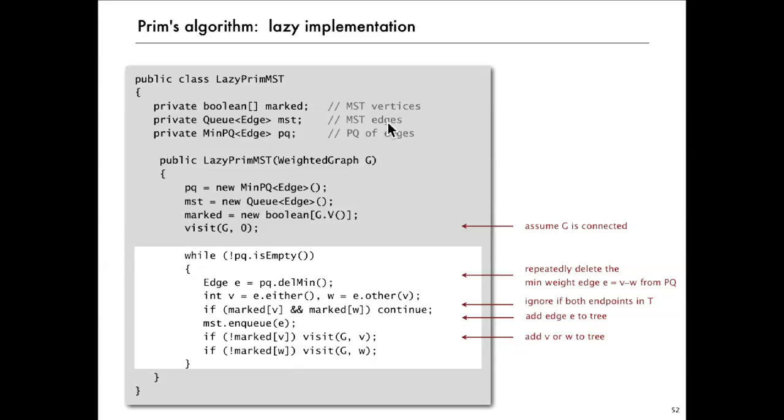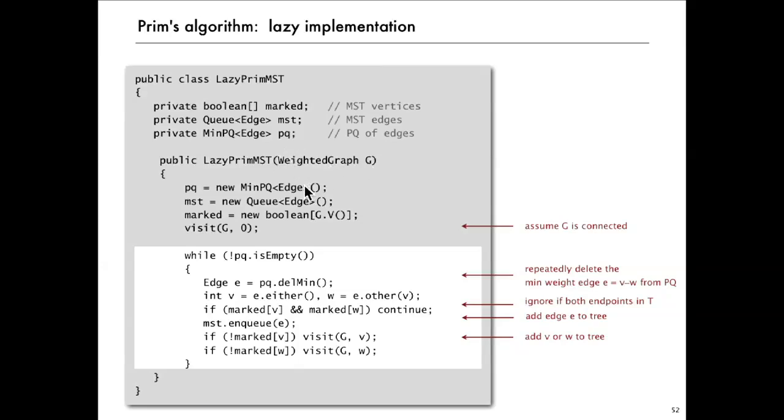Then we have the list of edges on the MST that is going to be returned to the client after the MST is computed, as an iterable. And then we'll have the priority queue of edges that connect tree vertices with non-tree vertices. It's a superset of the edges that connect tree vertices and non-tree vertices.